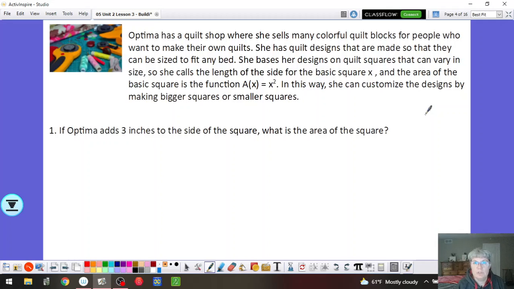Optima has a quilt shop where she sells many colorful quilt blocks for people who want to make their own quilts. She has quilt designs that are made so that they can be sized to fit any bed. She bases her designs on quilt squares that can vary in size. So she calls the length of the side for the basic square X. So I'm just going to draw a basic square X to build off of in our problem.